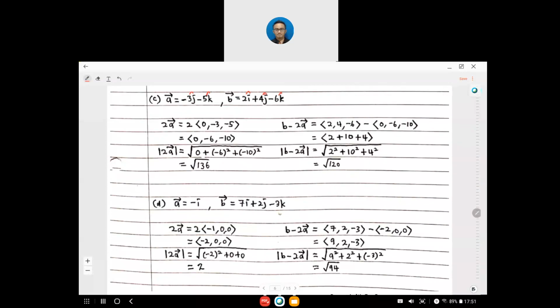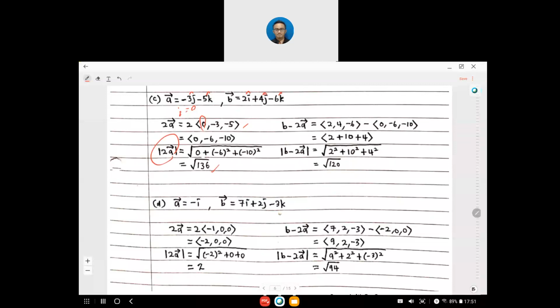If you don't want to write the vector IJK, write it in bracket form like this. 2A, so you can get 2 times 0, negative 3, negative 5. Remember, don't leave out the 0 because I here is 0. And then you can get 0, negative 6, negative 10. After you find the magnitude here, you can get square root of 136.